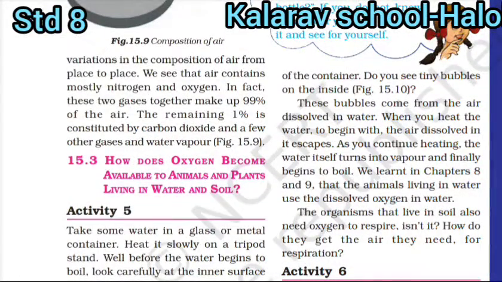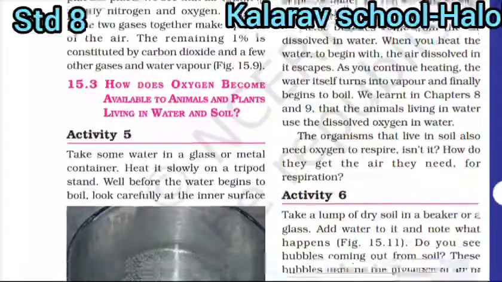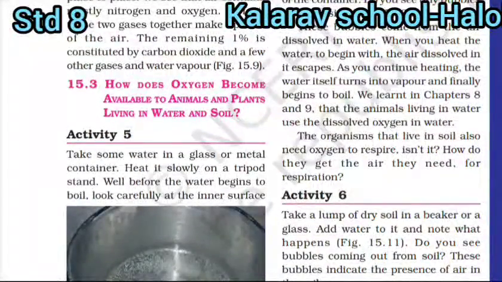Do you see tiny bubbles on the inside? These bubbles come from the air dissolved in water. When you heat the water to begin with, the air dissolved in it escapes. As you continue heating, the water itself turns into vapor and finally begins to boil.